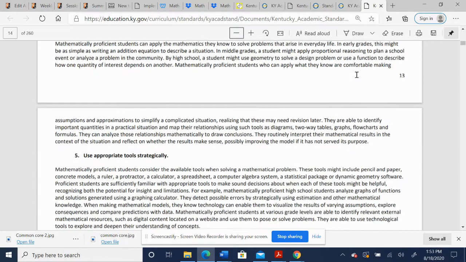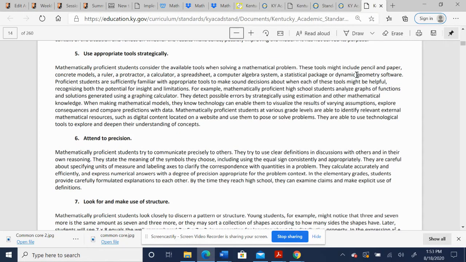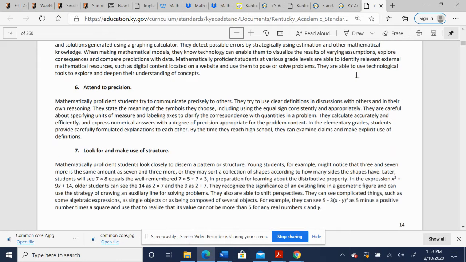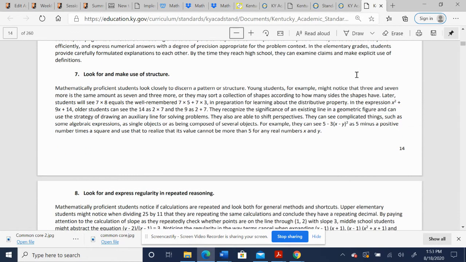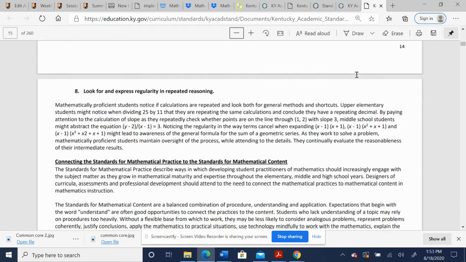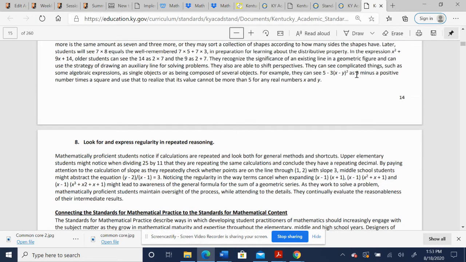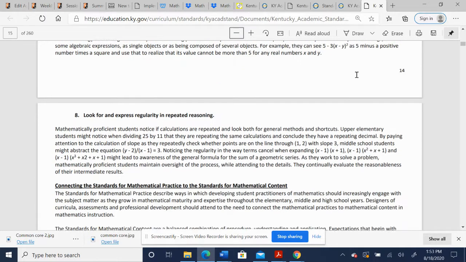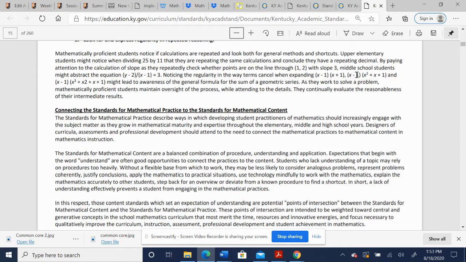Model with mathematics. Use appropriate tools strategically. That might include technology. Attend to precision. Look for and make use of structure. And look for and express regularity in repeated reasoning. So those are our standards for math practice.